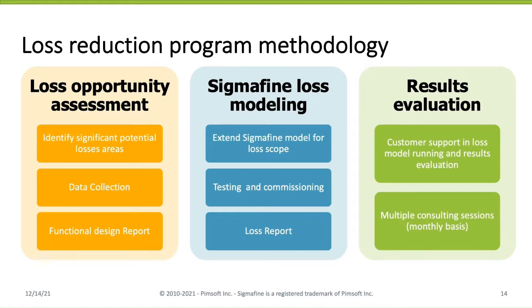And also here we will see how Sigmafine can suggest how to improve the instrumentation to further reduce the level of losses in your plant. After running the balance for a few months, the results need to be assessed and actions taken on that basis. After 1 year, a new baseline can reasonably be created and compared to the previous baseline to evaluate the overall benefit.